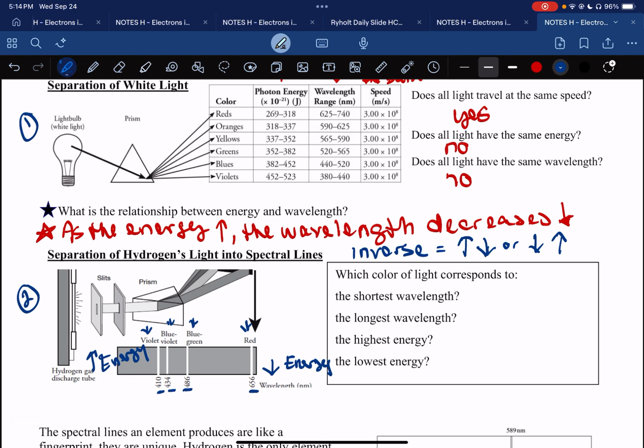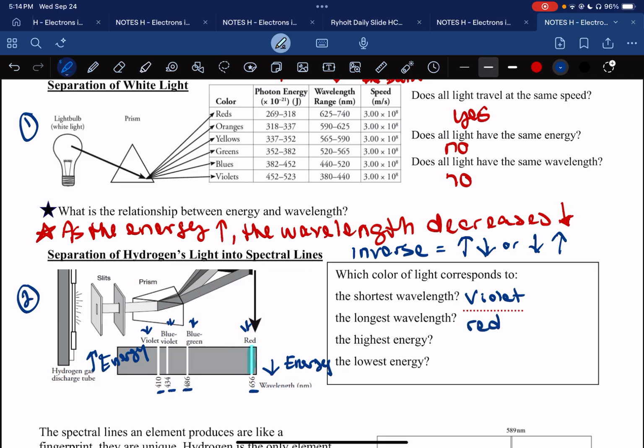Then it says, which color of light corresponds to the shortest wavelength? Looking here on this emission spectrum, the shortest wavelength, let's say 410 nanometers, is violet. The next one asks, what is the longest wavelength? The longest wavelength is going to be out here, and that one is 656 nanometers, and it is responsible for the red light.